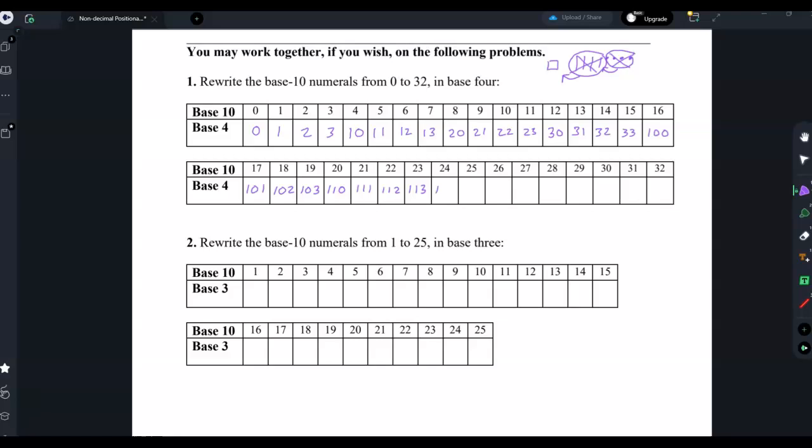So now it's 1 flat, 2 rods, 0 units. 1 flat, 2 rods, 1 unit. 1 flat, 2 rods, 2 units. And I should never see any symbols other than 0, 1, 2, and 3. So if you've written a 4 at any point, you know you've made a mistake.